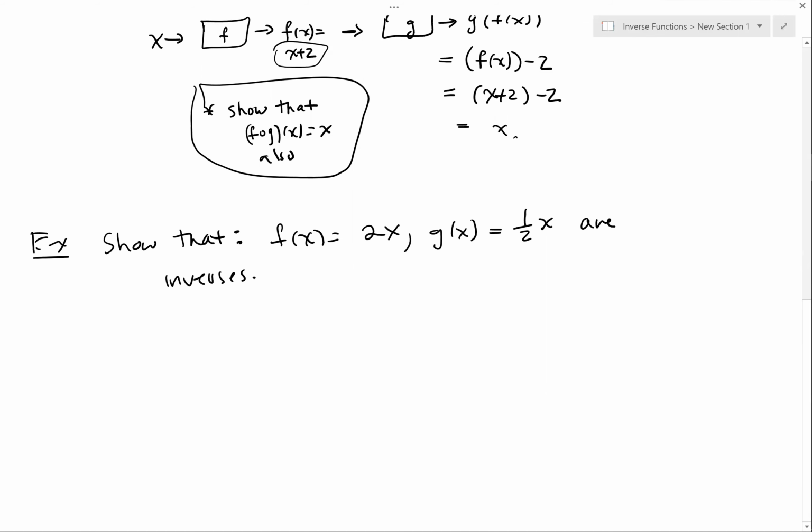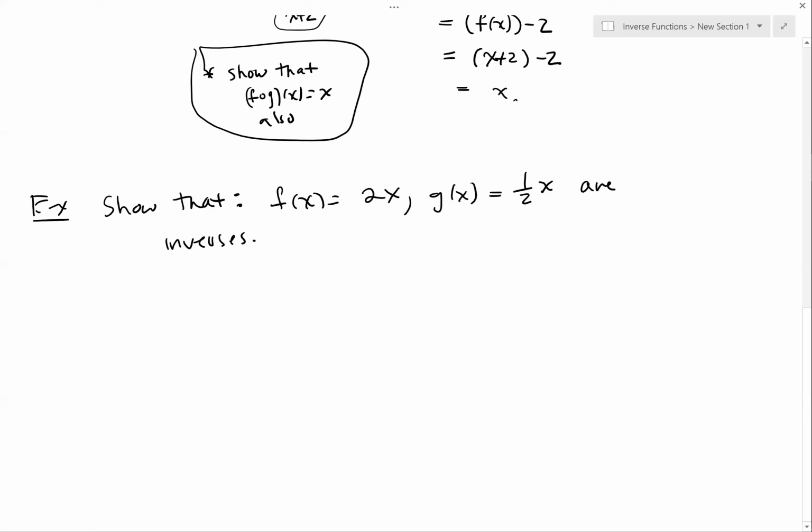I chose this one because it's really intuitive, because if you double something, how do you undo that? You take half of it, right? So if you double your money, how do you go back to what you started with? If your money goes up 100%, it's going to have to go down 50%. So these are inverse functions just kind of on an intuitive level.